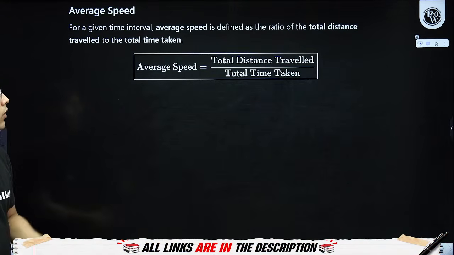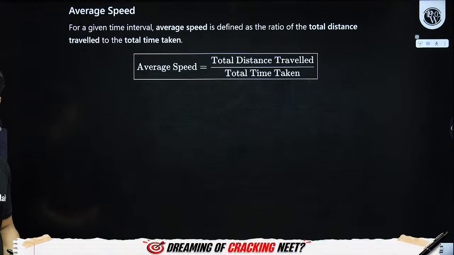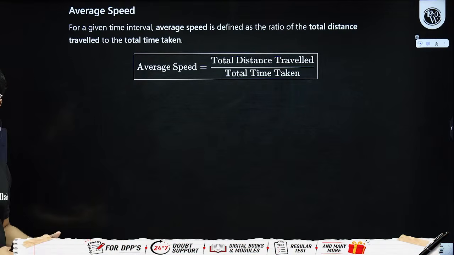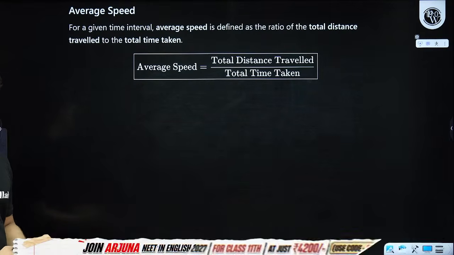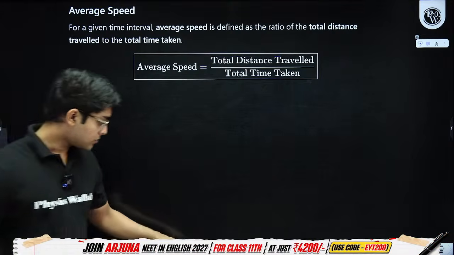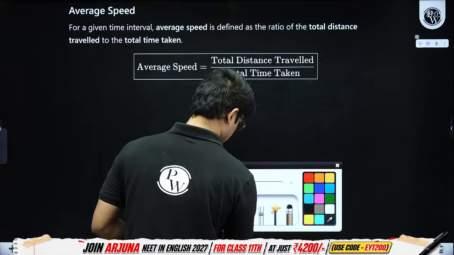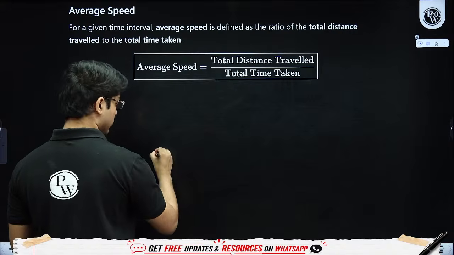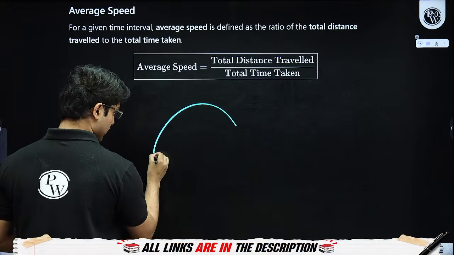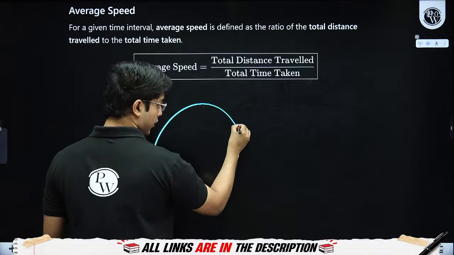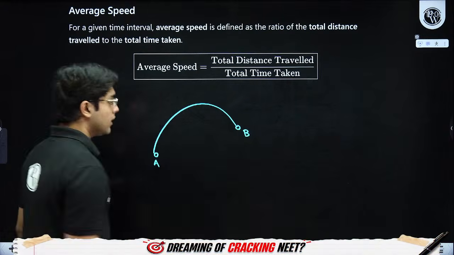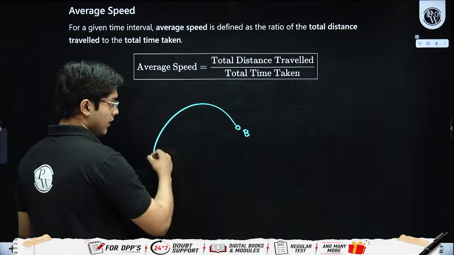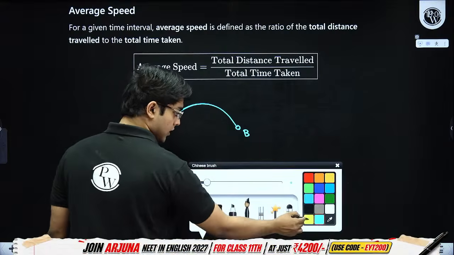So now we'll discuss what average speed is. What does average speed mean? Firstly, you have to once again consider a journey from some starting point A to an ending point B. Now the average speed of this journey is defined as follows.